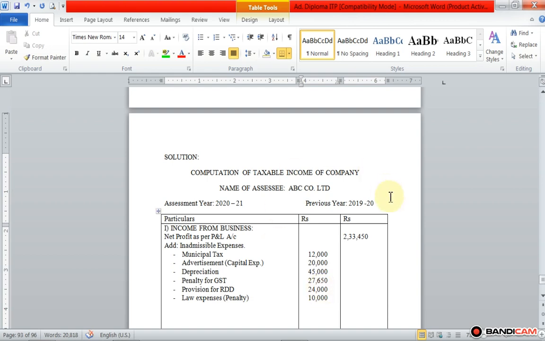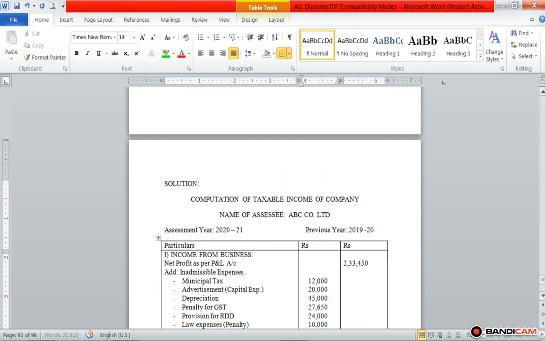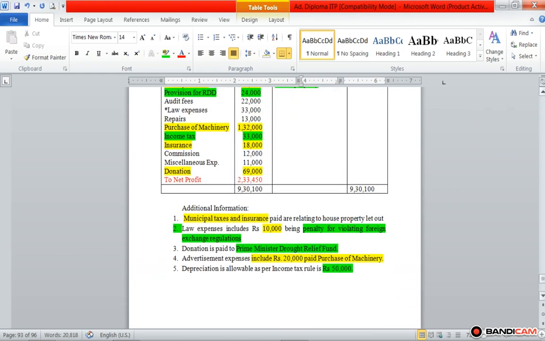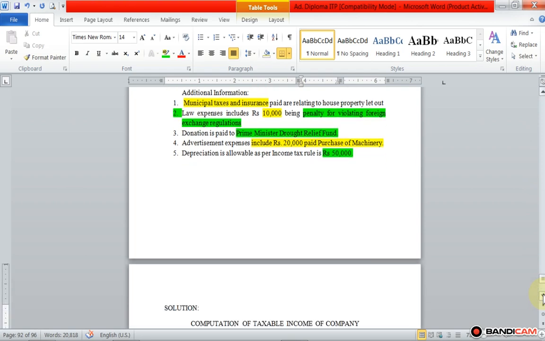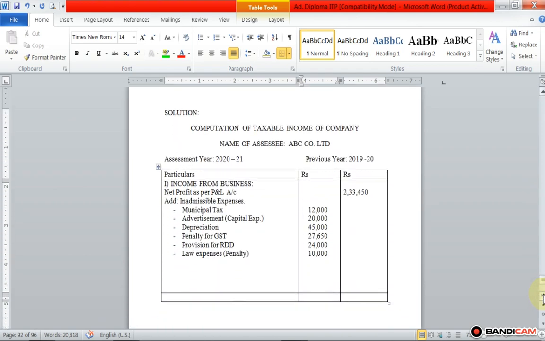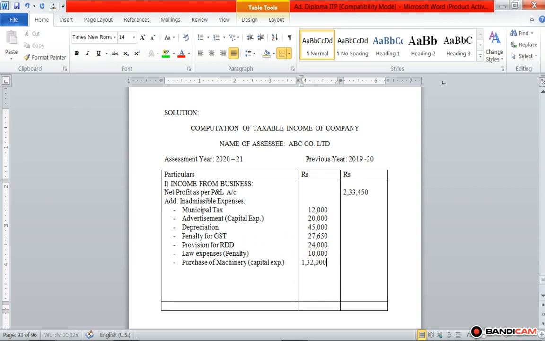Then purchase of machinery, capital expenditure 1,32,000 disallowed. Purchase of machinery, capital expenditure amounted to rupees 1,32,000.